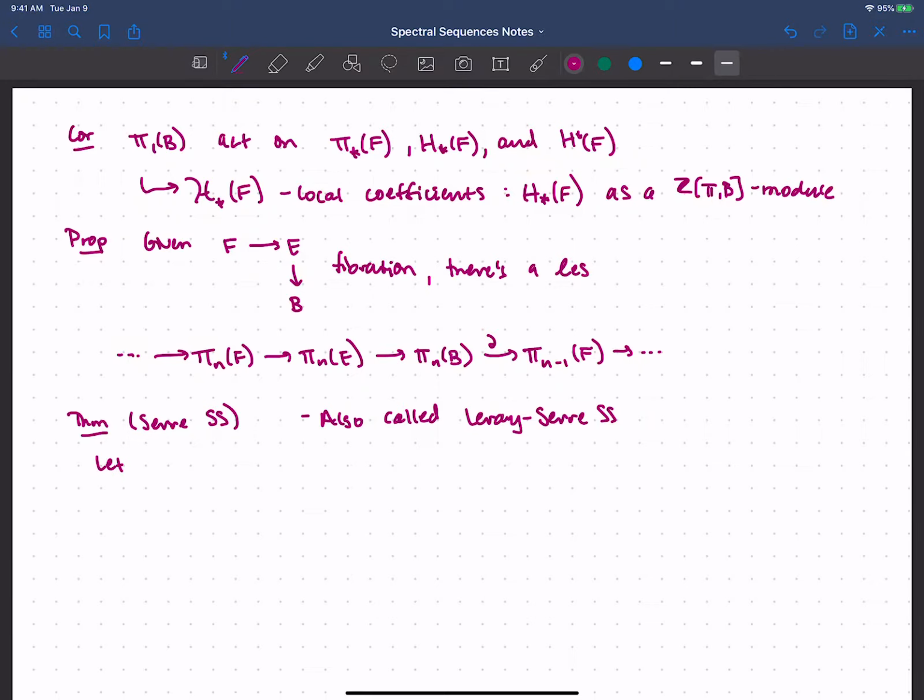Okay, but for brevity, I'm just going to say the Serre spectral sequence, especially since it does appear in his thesis. And so this is going to work for fibration, so let this be a fibration. Notice that means that I've got this nice F, and in fact, I want to assume that F is not just well-defined up to homotopy, but is connected.